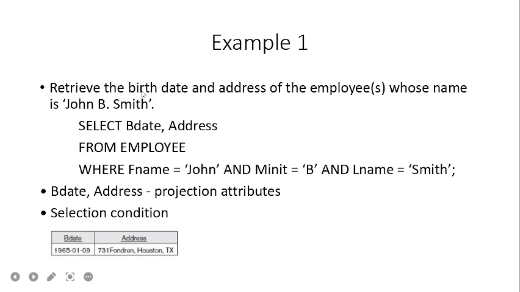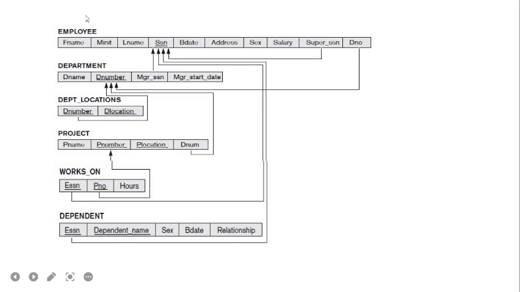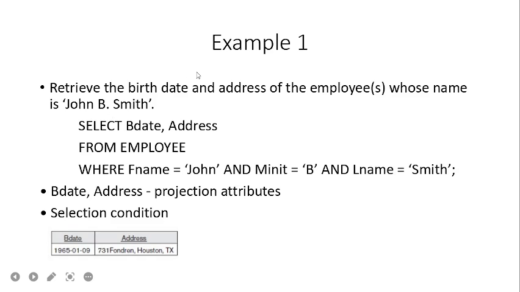We need to retrieve the birth date and address of the employees. The employee relation has fname, middle initial, lname, SSN, bdate, address, sex, salary, super SSN, and DNO. We do not need all these details, just the birth date and address. So we list these attributes after select: select bdate, address, and from you need to specify the table list.